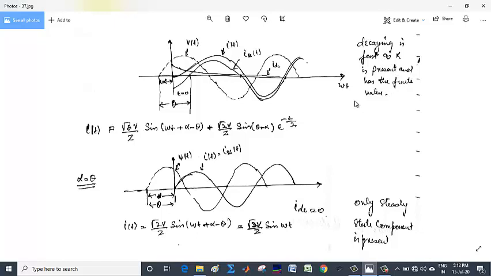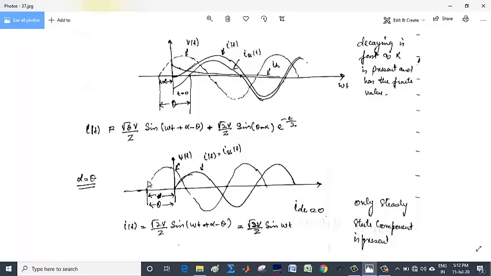Its tau, that is L by R, will be very small, and it will decay very fast. So when we add up the DC decaying component and the steady state component, we get the actual current, that is this. It will coincide with the steady state as the DC decays off to 0. And this is its expression.